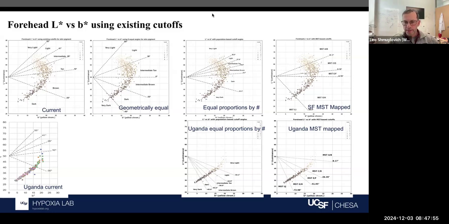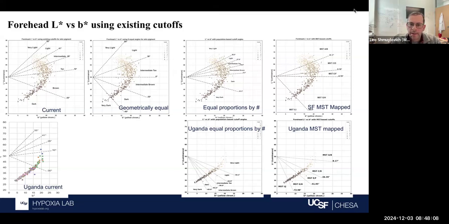The ITA is obviously an L versus B plane. And it's that work from Delbino in 2013 that demonstrated a relationship between melanin content and ITA, right? And I think in all of these scenarios, ITA is merely a surrogate that is trying to estimate melanin content.